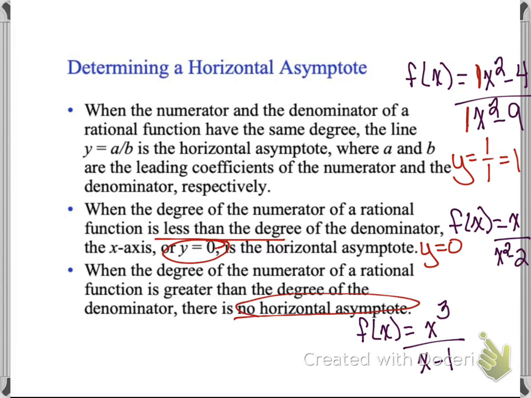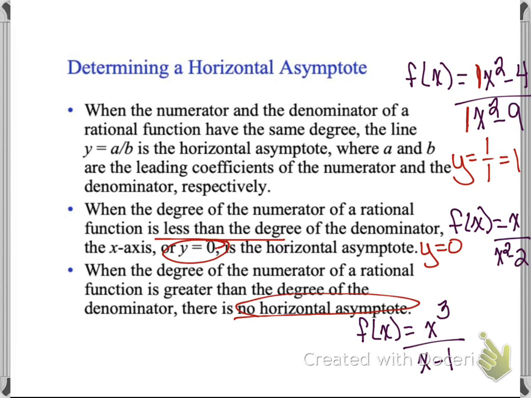We would have what's called an oblique asymptote, and we're not going to get into that. So you need to worry about identifying the horizontal asymptote when your degree is 1 less on the top. That's when it's y equals 0. When the degree is the same, it's a relationship.